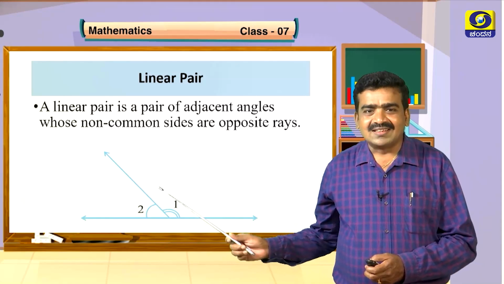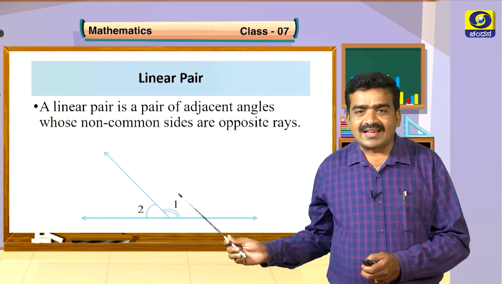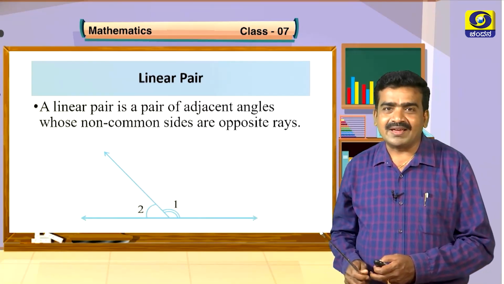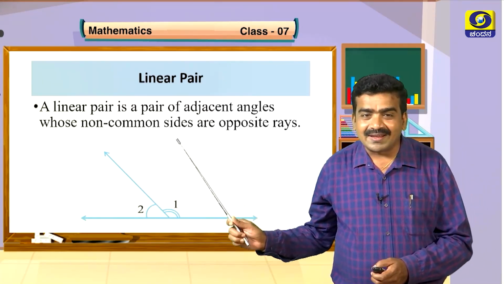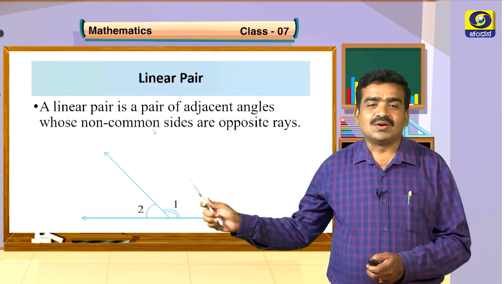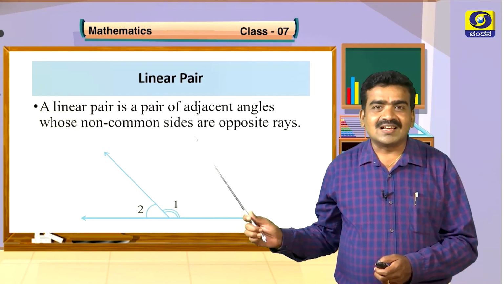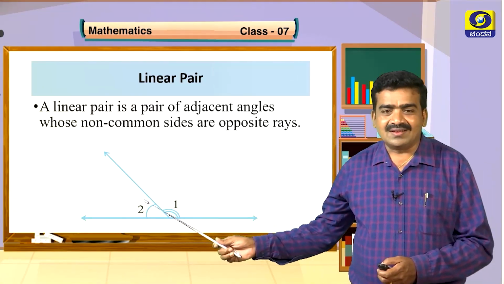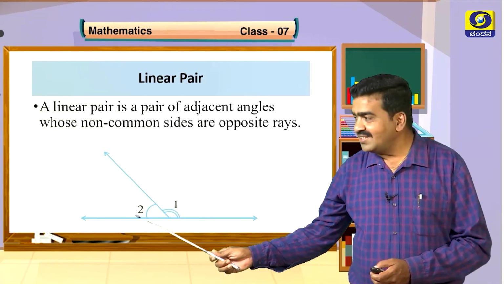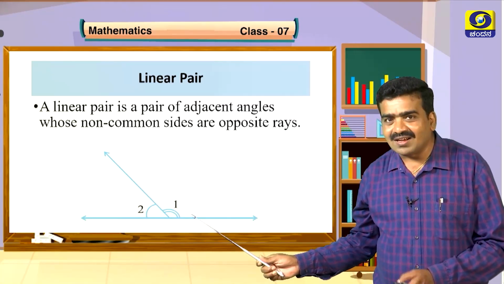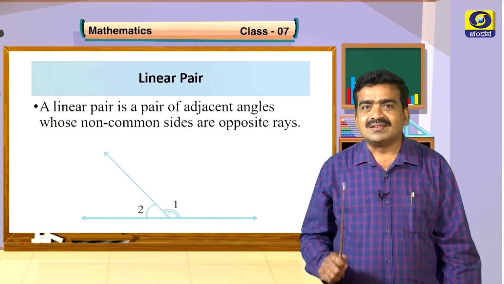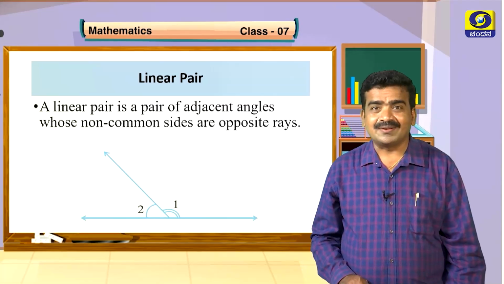Here, angle 1 and angle 2 are called a linear pair. A linear pair is a pair of adjacent angles whose non-common sides are opposite rays. Here this one is the common ray and these two are the non-common rays, and they are opposite to each other. That is the speciality of the linear pair.